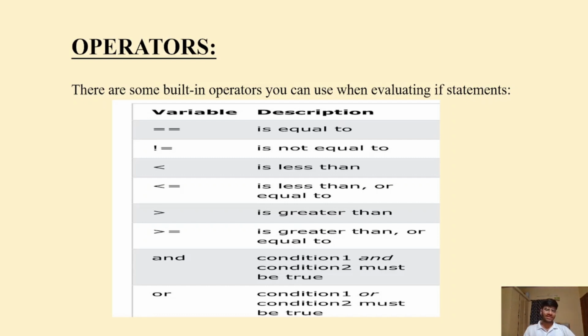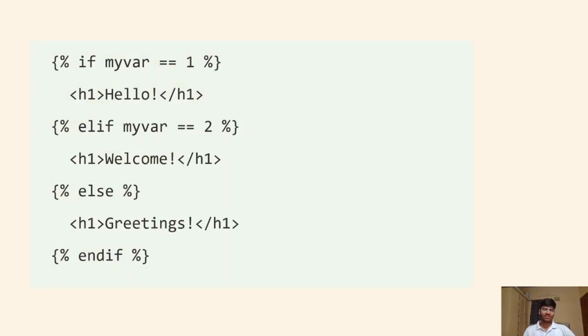Then we have greater than, which prints values greater than the given value. Then we have greater than or equal to, that is, prints greater than the specific value or equal to that value. And we have 'and', which means condition 1 and condition 2 must be true. Then the 'or' we have, where condition 1 or condition 2 must be true.